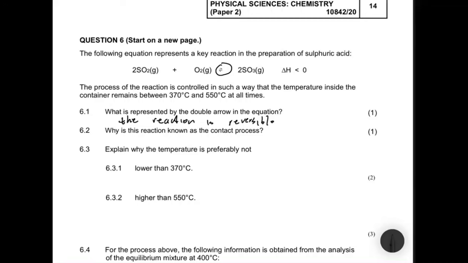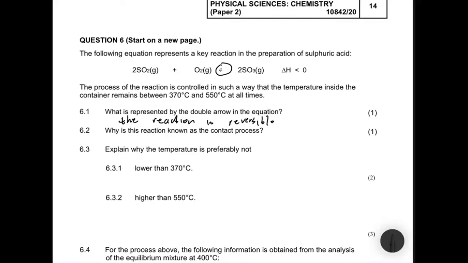And then 6.2 says, why is this reaction known as the contact process? It is known as the contact process because the reaction occurs in the presence of a catalyst, right? So the reaction is in contact with the catalyst and therefore is known as the contact process. Now the question you might ask is, which catalyst do we need for this reaction?